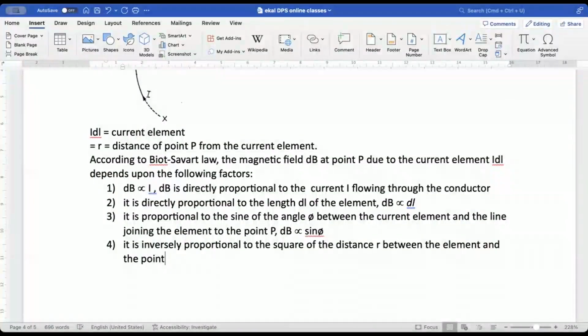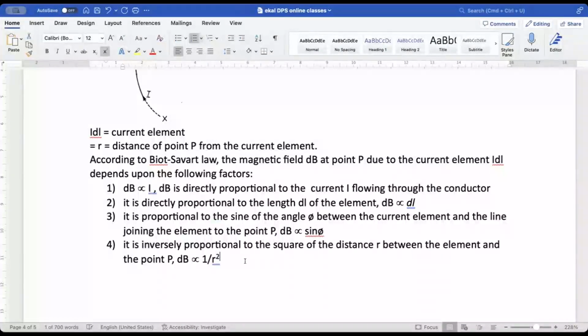So we have dB is inversely proportional to 1 by r square. Right?